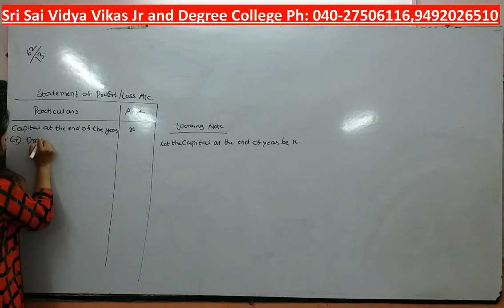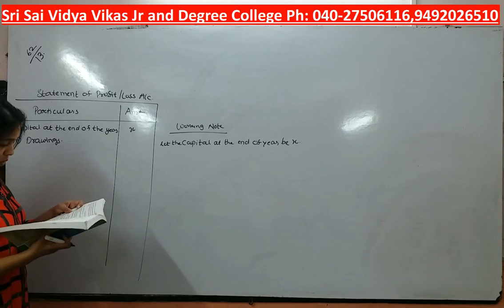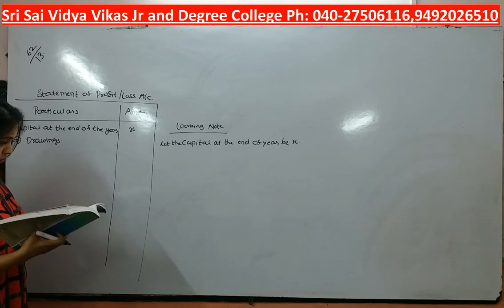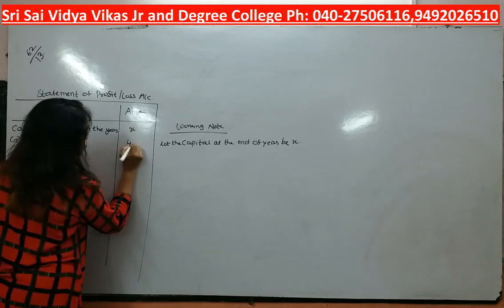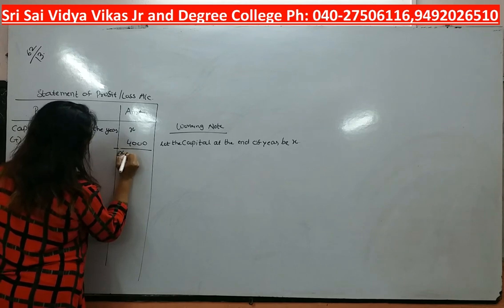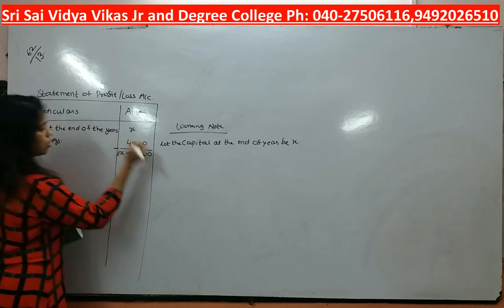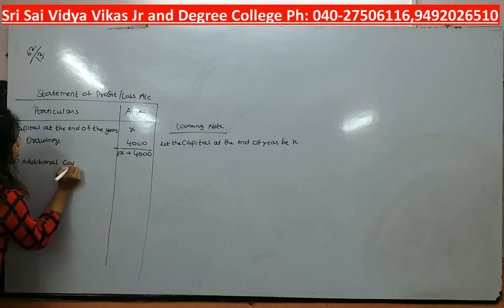Add drawings. Okay, we'll fill entire information. What is the drawing amount? Drawings are of rupees 4,000. So here what do we get? X plus 4,000 less additional capital.